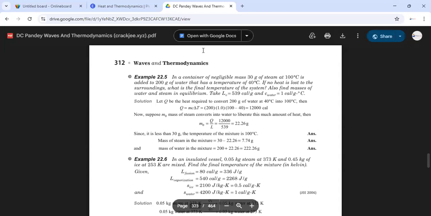Here also you have to do the calculation. Bhavesh, correct. Isabel, correct. Good.